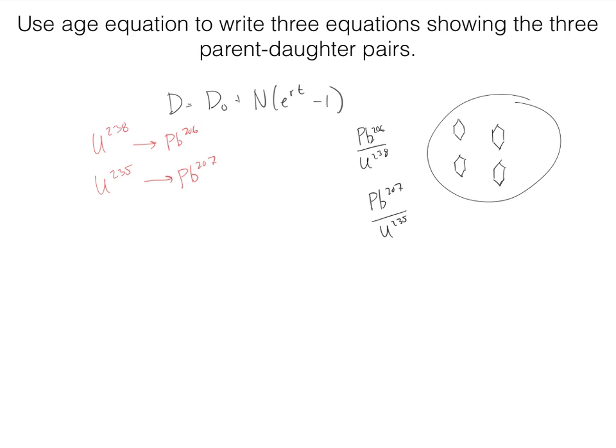Now, of course, there'll be some natural variability, such as complications with common lead or lead loss, or the mass spectrometer making measurements that are not quite right.